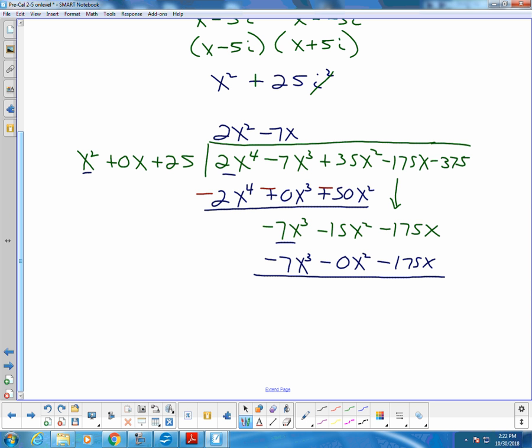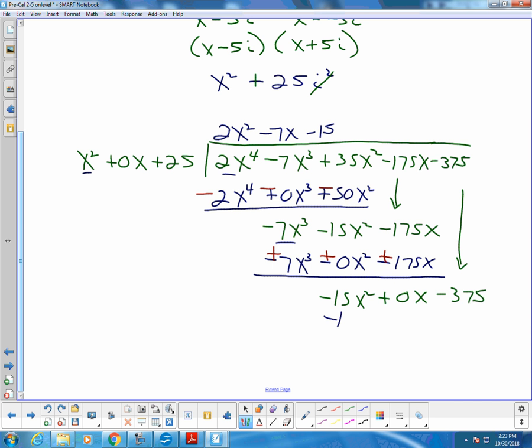You draw your line, and you change all your signs. And then you put your lines together. We got one more. That's my last number up top. Negative 15. Everyone with me?